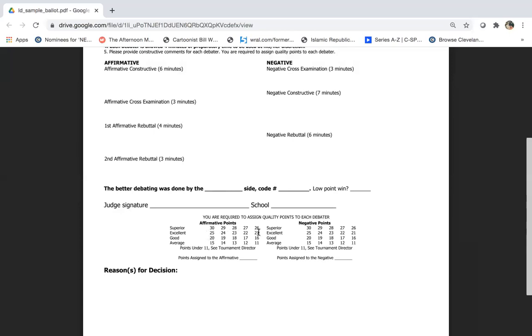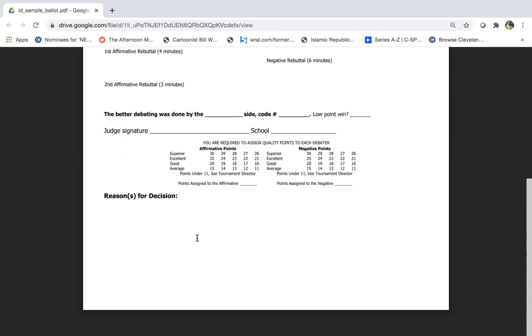Then 25 through 21, I would say most debaters fall in, especially early in the season, in the 25 range. And then below, you really want to think carefully about giving points below that just because of the message you might be sending a debater, even a young debater who's inexperienced.